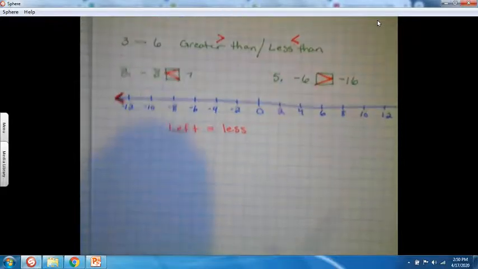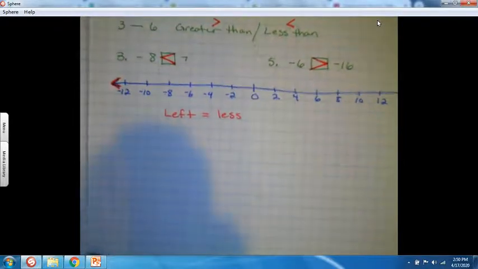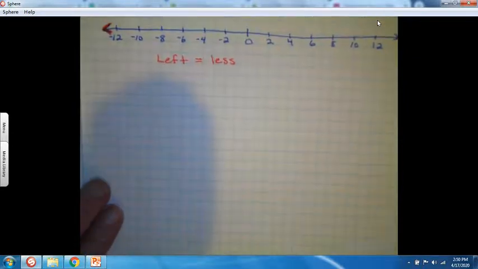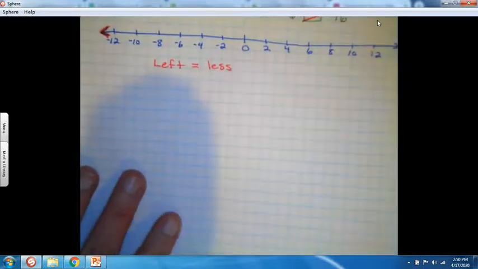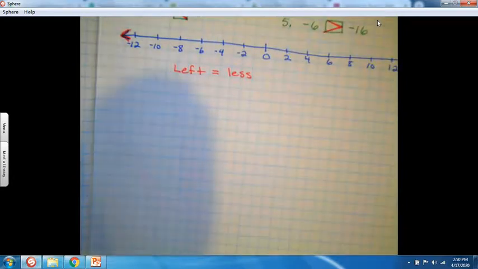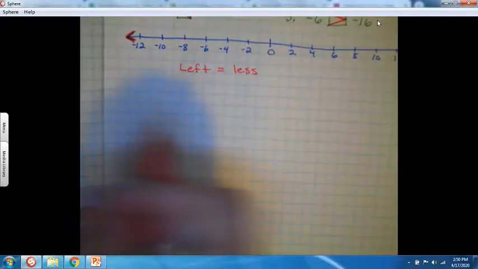All right, now let's go down here, and now we're talking absolute value. Now I'm going to use my toolkit for this because I don't want to draw the whole number line. And I got to erase my toolkit, and I always forget, sorry to make the noise. Okay, so now we're talking absolute value.